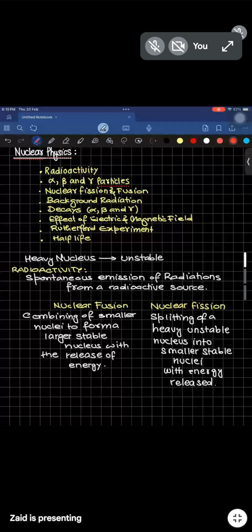This is the equation you need to remember about nuclear fusion: 2H1 plus 2H1 produces helium, that is 4He2, and energy is released. This equation can be asked and you'll get 2 marks for this.